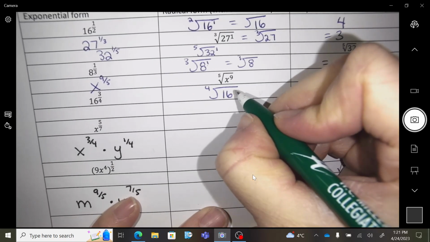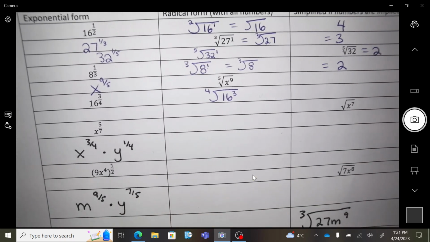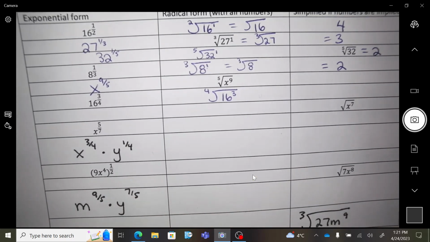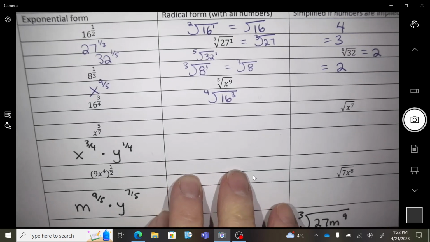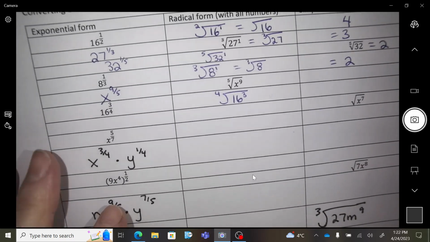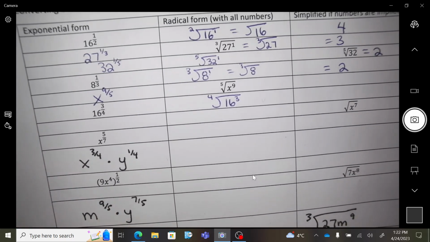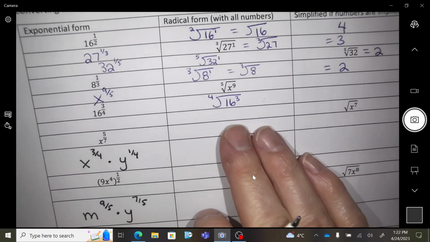The fourth root of 16 cubed. We are going to learn how to get that, but I haven't taught you it yet. So you will know the answer by the end of that, but I can't show you now.